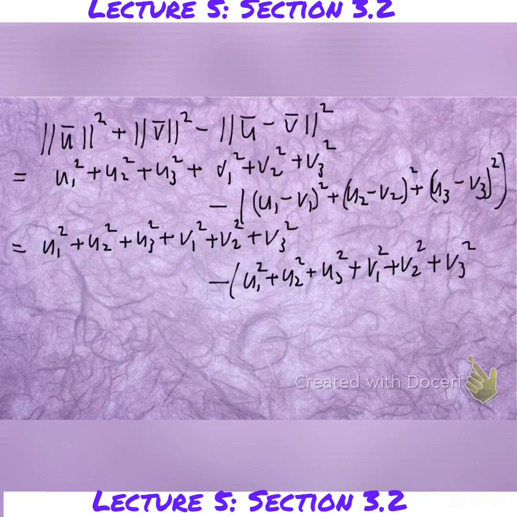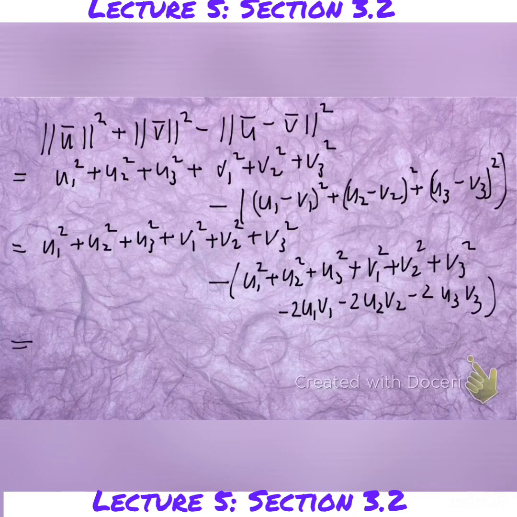And then you're going to have minus 2u1v1 minus 2u2v2 minus 2u3v3, okay?